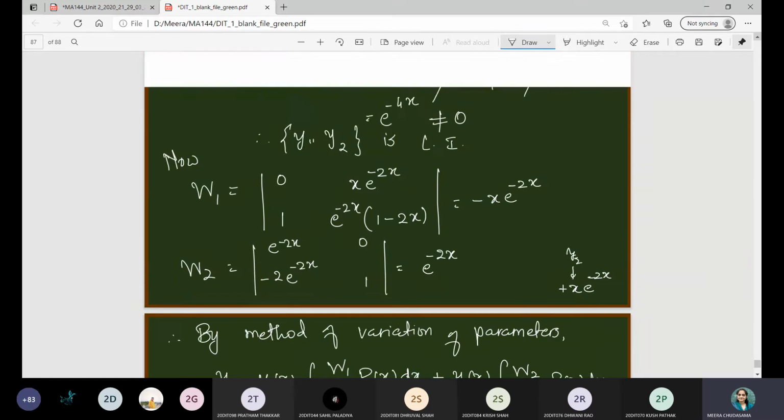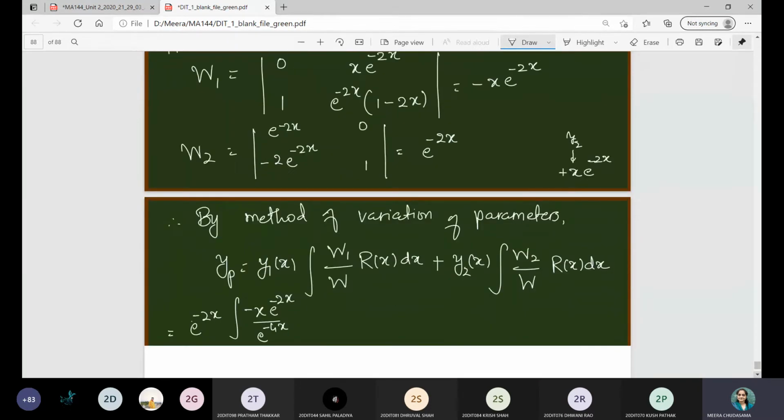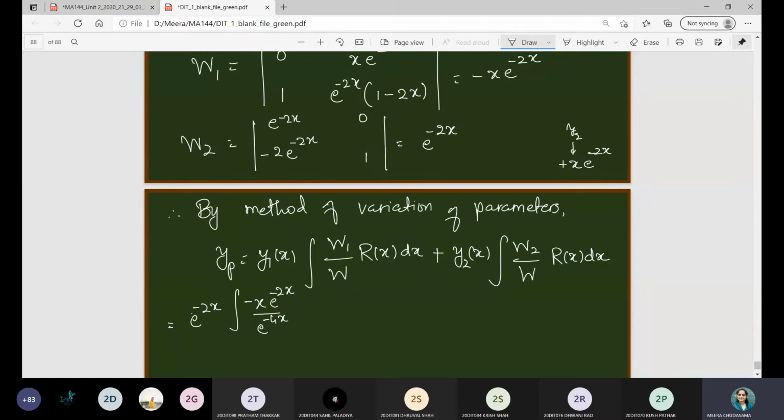So let us just verify it once again. Here it is Wronskian, e raised to minus 4x. Right hand side function we have e raised to minus 2x upon x square, right? Plus y2, that is x e raised to minus 2x. In the integration w2 is e raised to minus 2x, e raised to minus 4x as w. Right hand side equation is e raised to minus 2x upon x square dx. So let us simplify this.